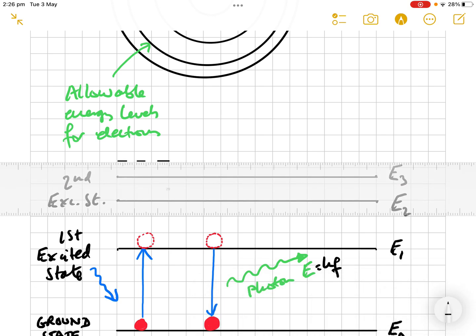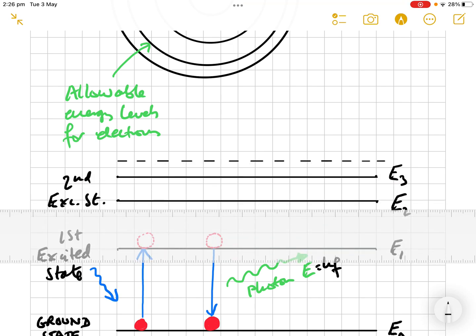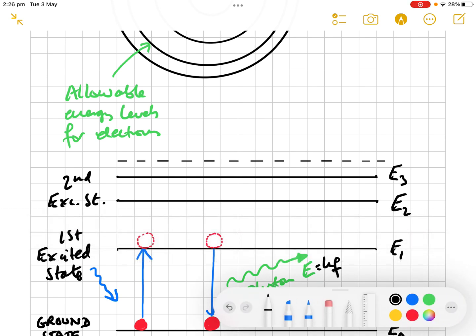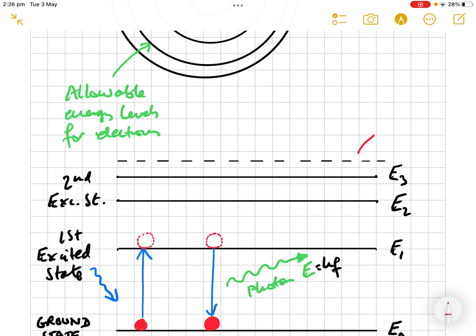There's only so much energy that the electron can have, and the highest energy level that it can have right at the top there is called the ionization level.